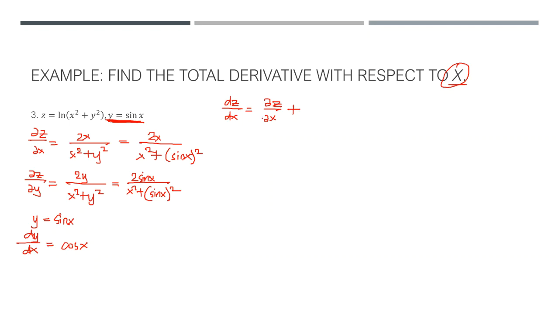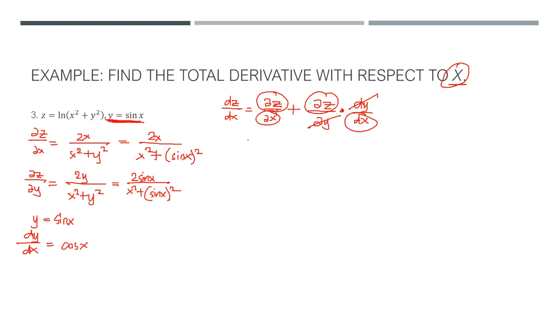Instead, we'll be adding the partial derivative of z with respect to y. And since we are canceling the partial derivative y here, we need to multiply that with dy over dx, so that we can cancel this, and what we have left is dz and dx.